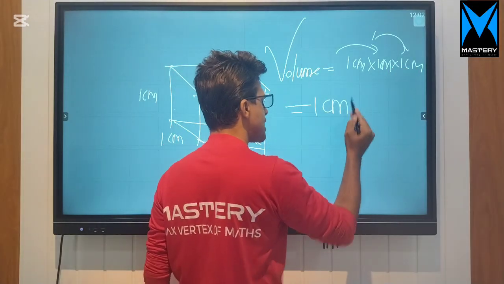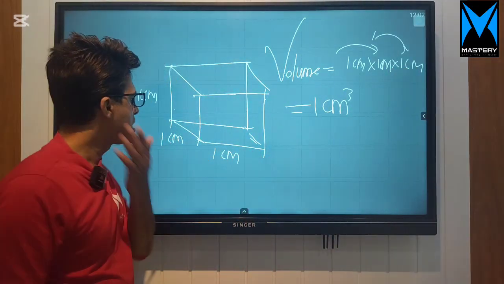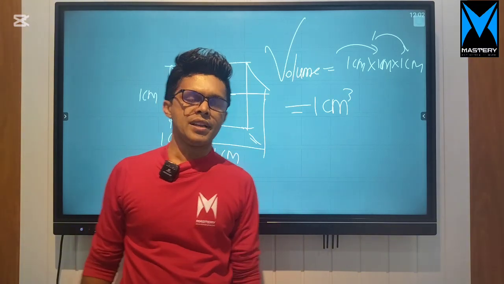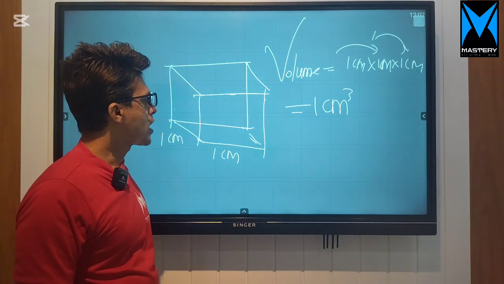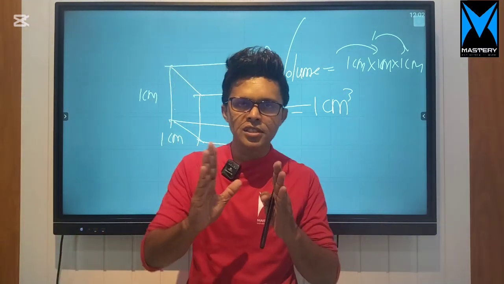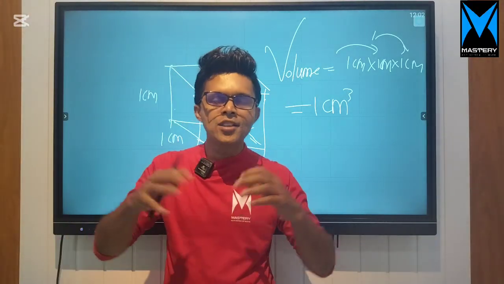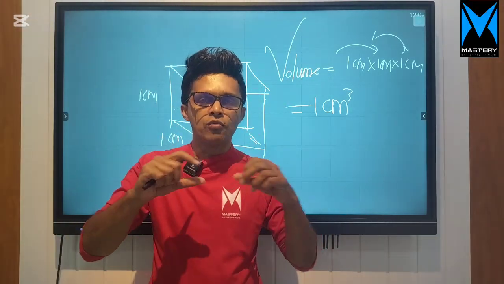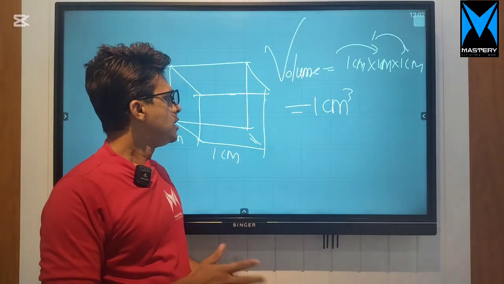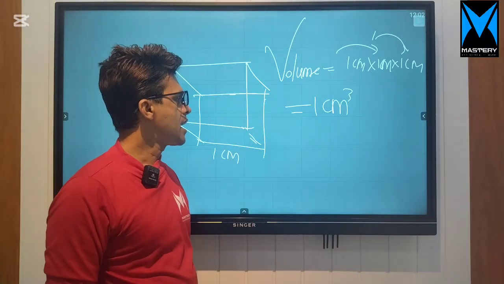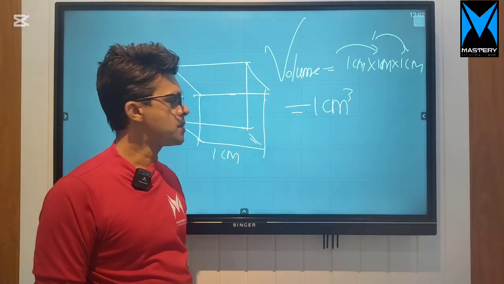So the volume of this cube is 1 cubic centimeter. Just to imagine, this is made of wood.